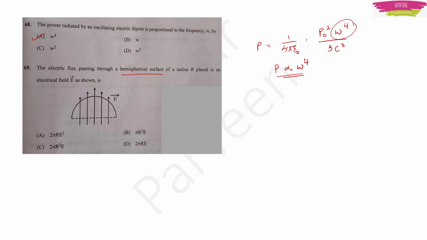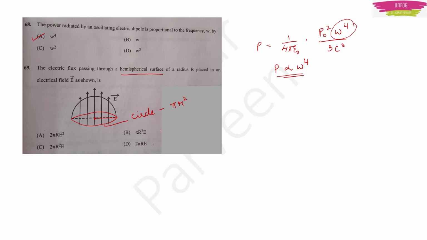What we have to imagine is that there will be a flat surface for this hemisphere, isn't it? That figure they have not given here. So that we have to keep in mind. So this will be a circle. So area of circle is pi r square.